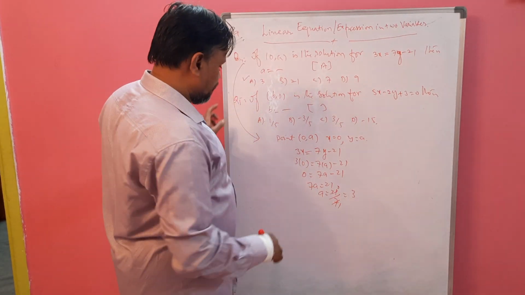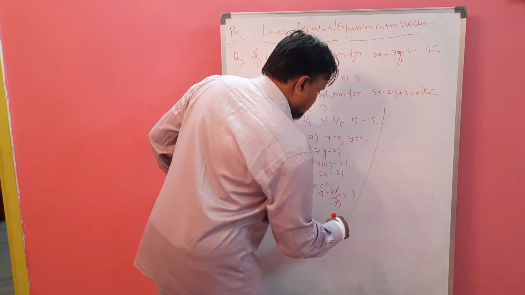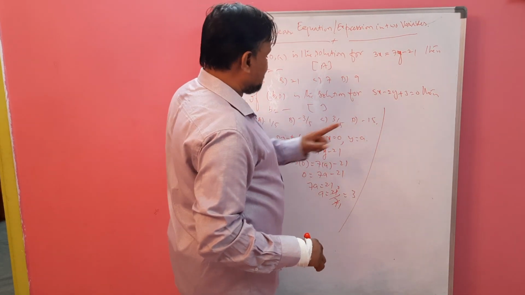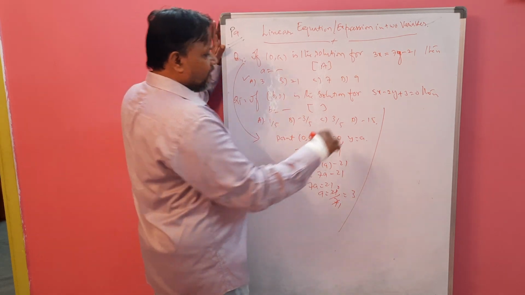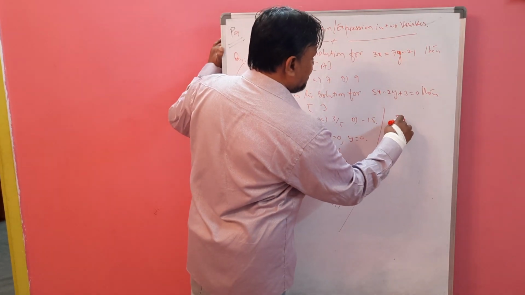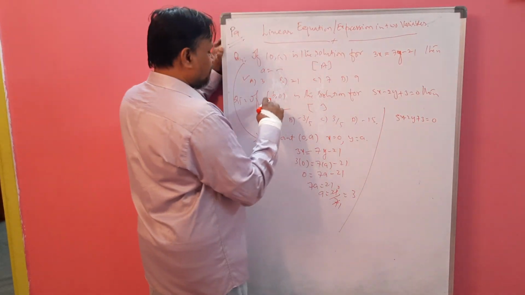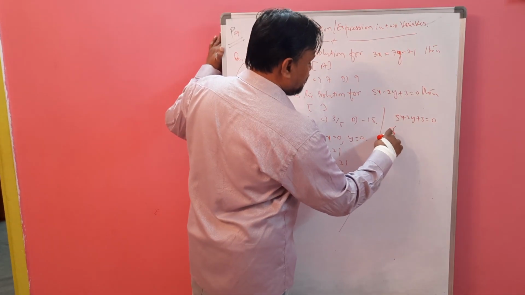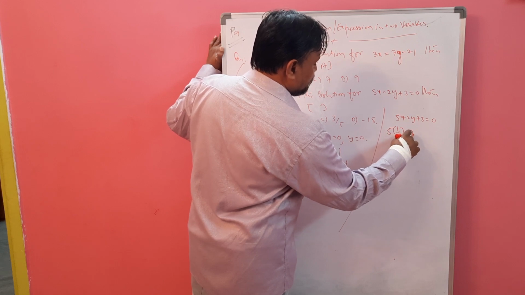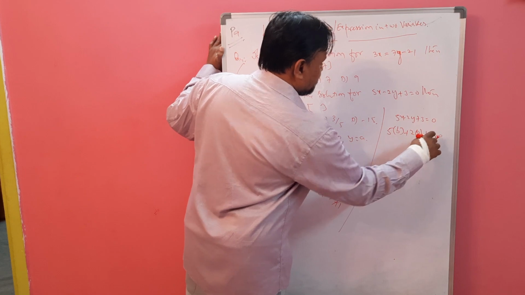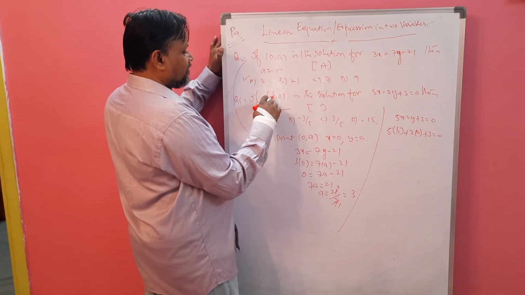Again, question number 5. (b, 0) is a solution for this equation. Find b. Now again we have to write this equation: 5x minus 2y plus 3 equal to 0. The x value is b and the y value is 0. See, this is x, this is y.